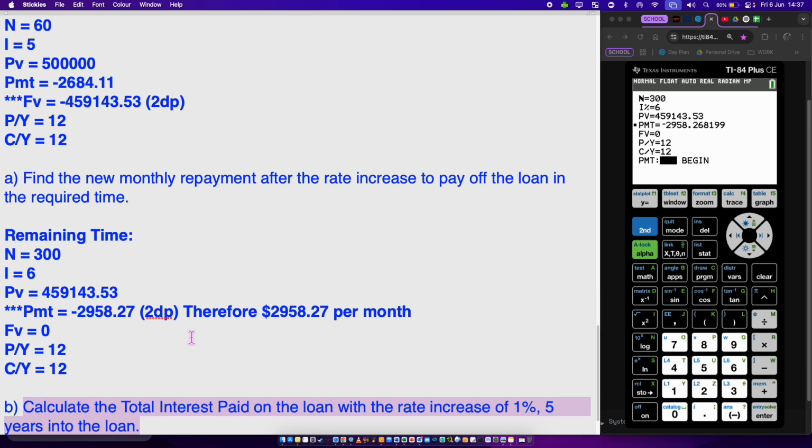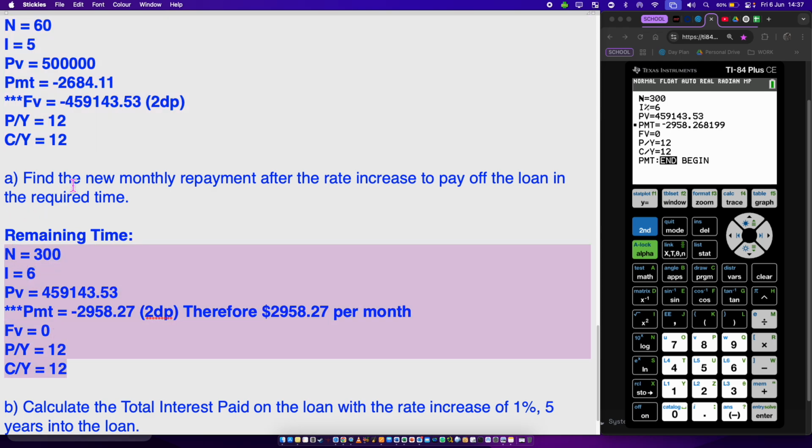What's the total interest paid on the loan where the rate increased 1% 5 years into the loan? You're going to have to do two interest calculations because there's two TVM solvers here. Let's start the first one here.